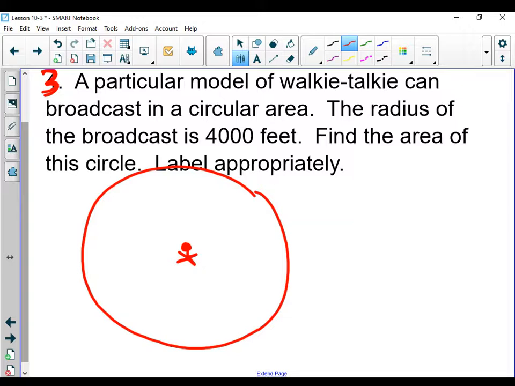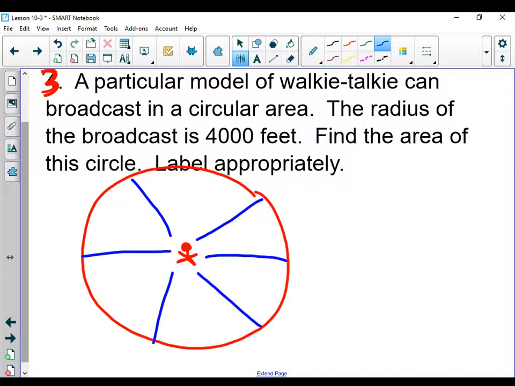So if your cousins are there, her cousin could be in any direction 4,000 feet away or whatever her walkie-talkie is good for, and it'll still work. But what happens if they're 4,050 feet away? No signal. So 4,000 is the radius.